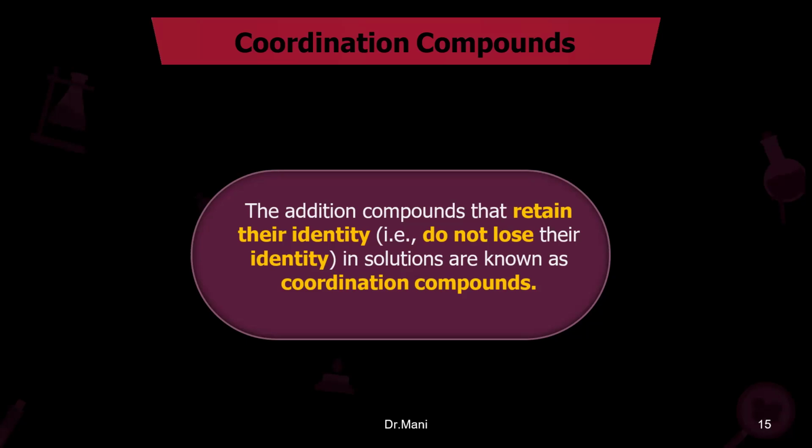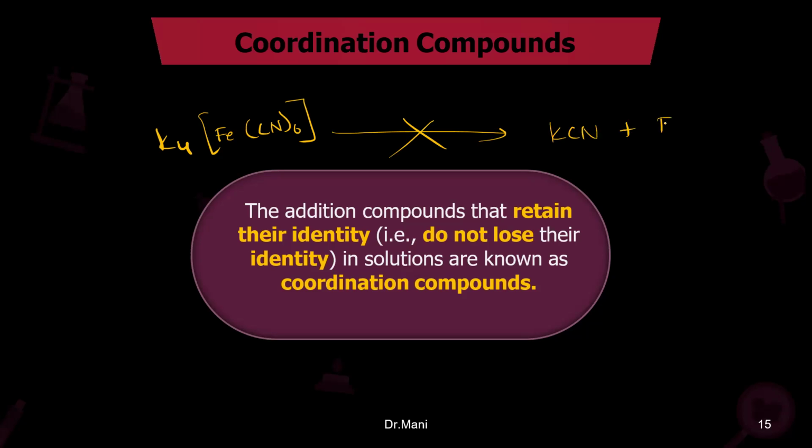What does that mean? When you give K4[Fe(CN)6], it will not break into KCN plus Fe(CN)2. This will not happen. It will retain its structure.